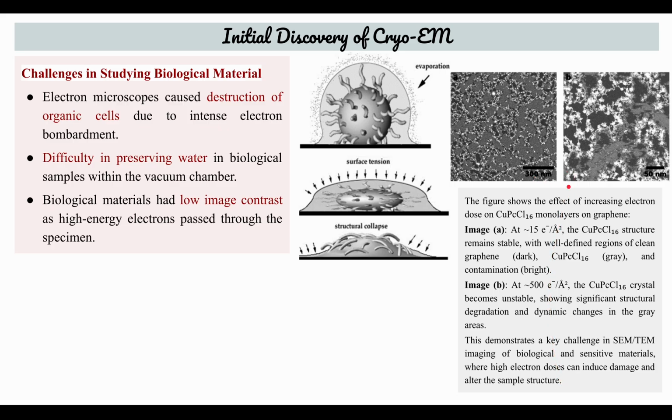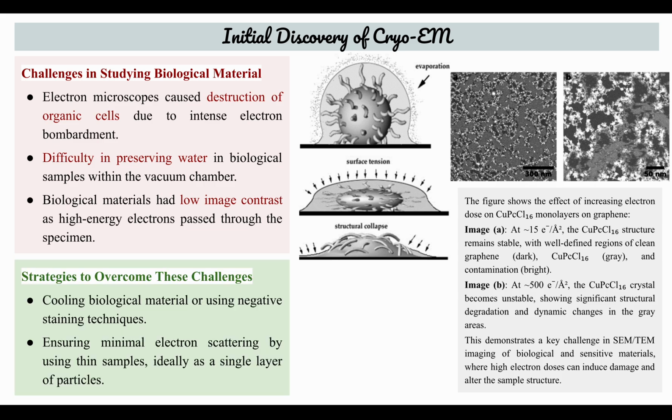So in this way, the electron dose should not be very low and should not be so high that it destroys the sample. All these things need to be kept in mind while working with electron microscopy. Now there are certain strategies to overcome these challenges, such as cooling the biological materials or using negative staining techniques.